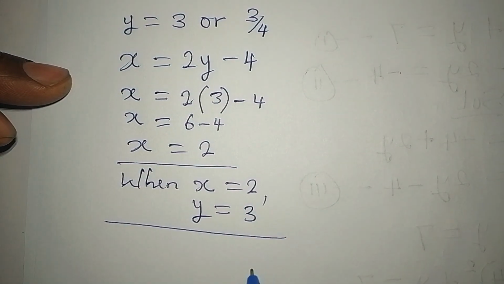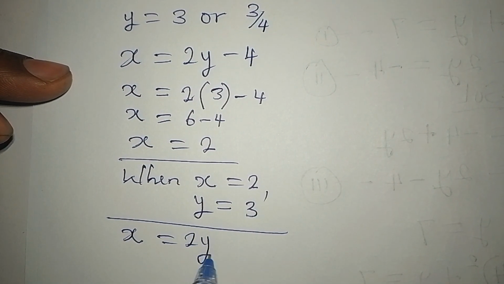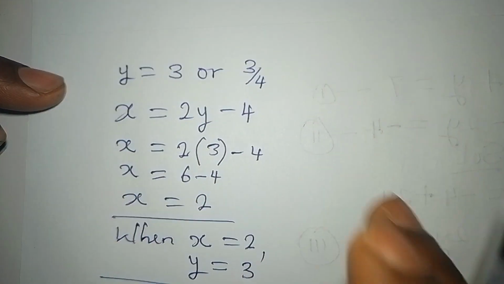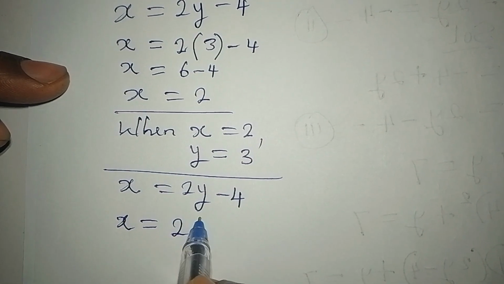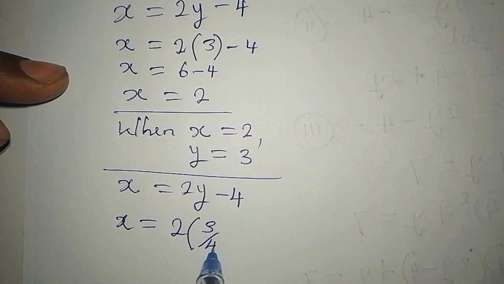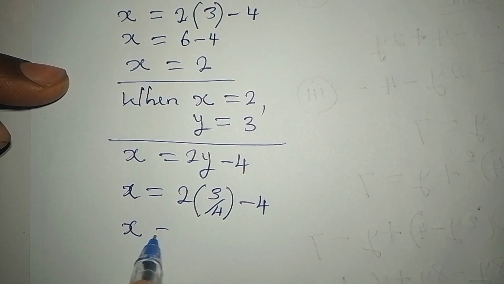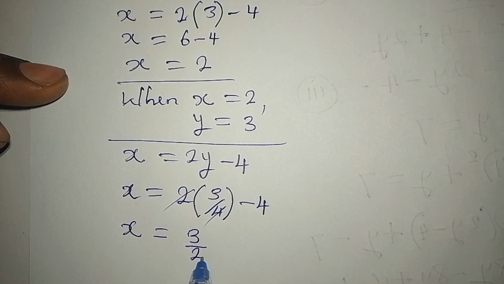Now let's continue. Equation 3 still remains x equals 2y minus 4. But this time around, our y is 3 over 4. So I have x equal to 2 of 3 over 4 minus 4. Meaning that x is equal to 3 over 2 minus 4.